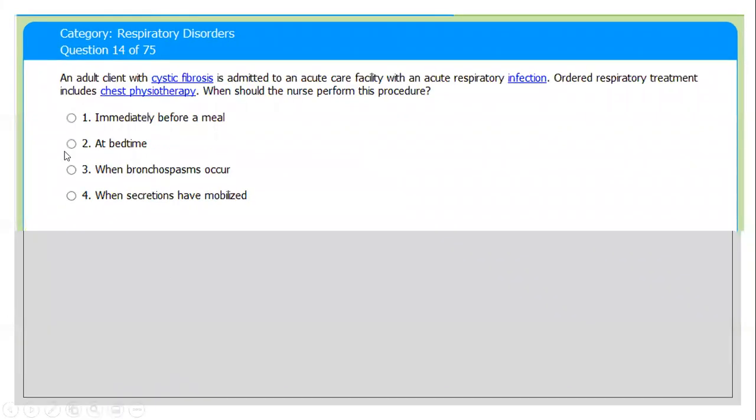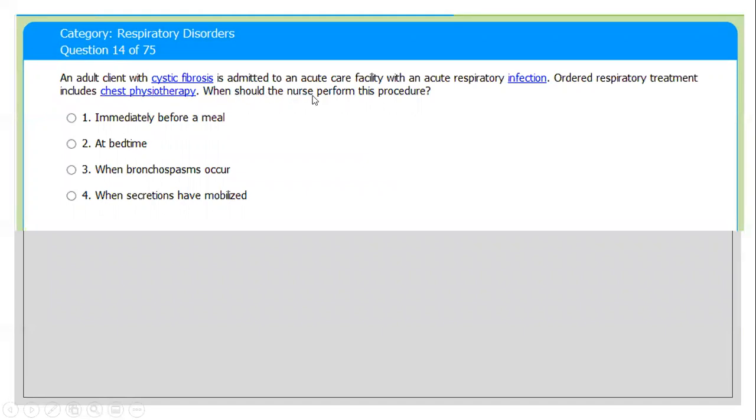So next question here is about cystic fibrosis. An adult client with cystic fibrosis is admitted to an acute care facility with an acute respiratory infection. Ordered respiratory treatments include chest physiotherapy.